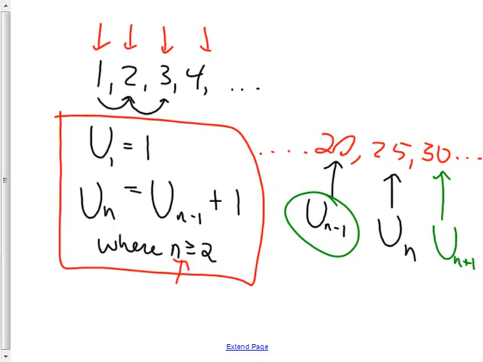If it only works starting at the second term, where the little n is 2, then do you get that it won't work at 1? This formula cannot tell me the very first term in the sequence.